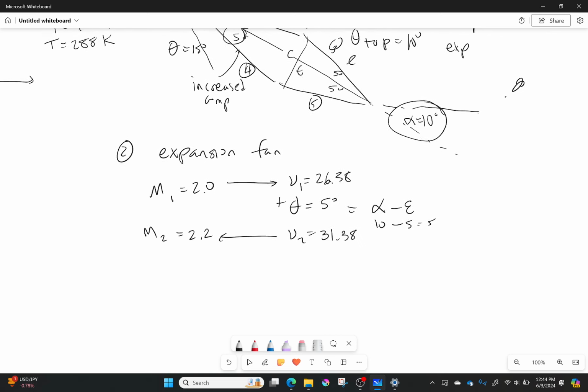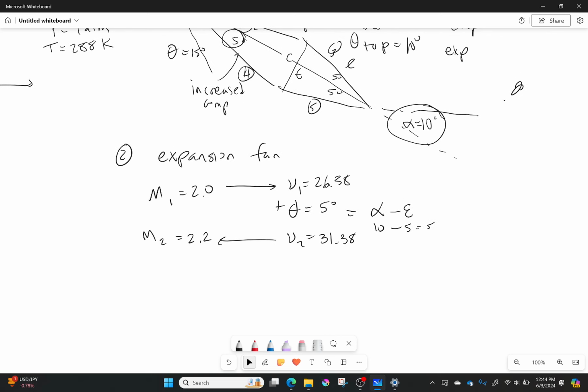So now I'm going to go to panel 3 and I have to figure out what is my deflection angle, which is honestly not that hard. So let's draw it. I have just gone straight. So this is now panel 2 and I'm going down here. I know that these two lines are connected by 5 degrees. Make sure I do this right because I don't want to do it wrong. Yeah, that's looking pretty good.